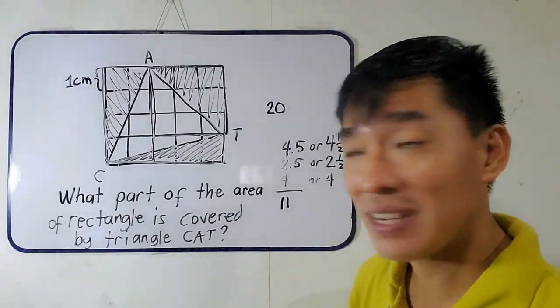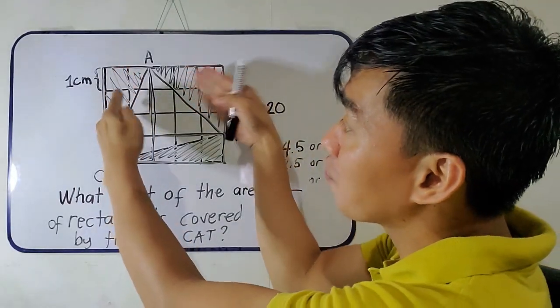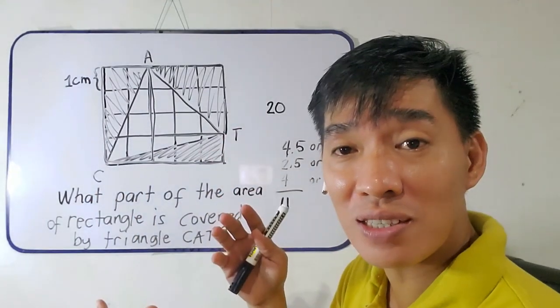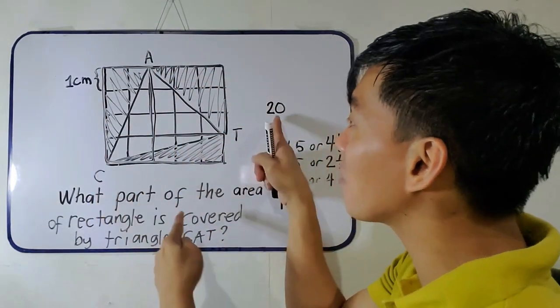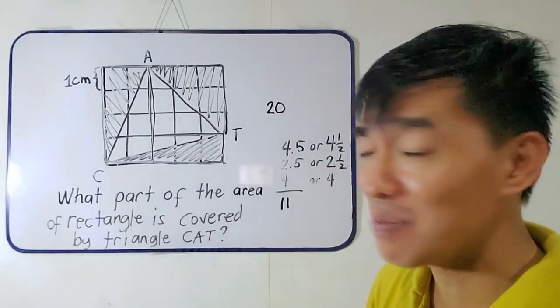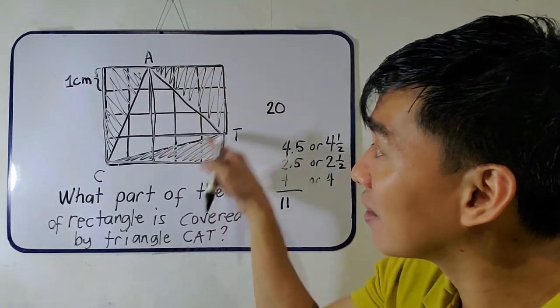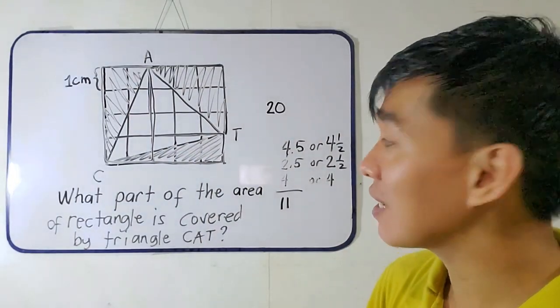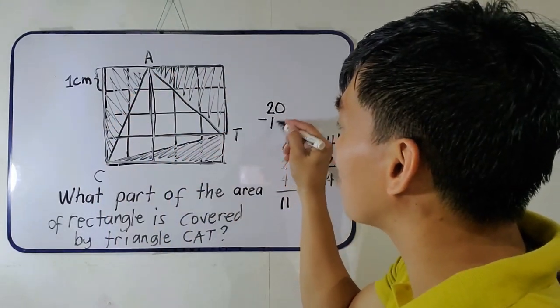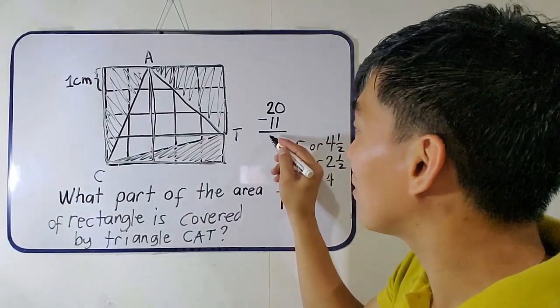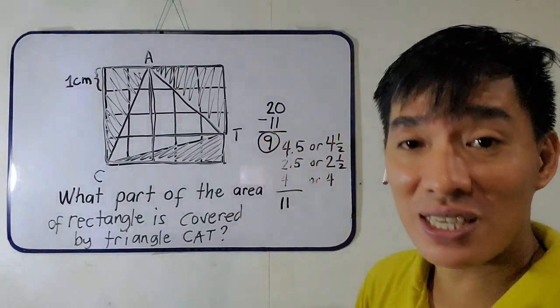So that's 11. So therefore, the shaded portion is not covered by the triangle. If the entire figure is 20 square centimeters and 11 square centimeters is the shaded region, therefore inside the triangle you just subtract 11, so that is 9 square centimeters.